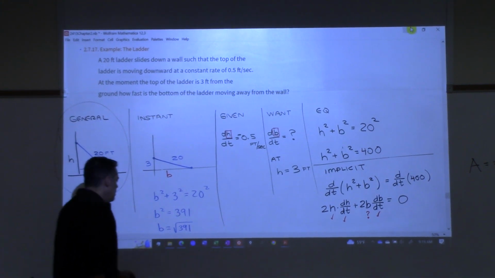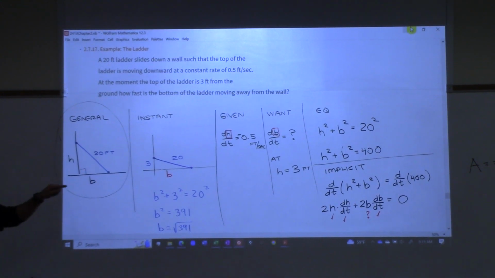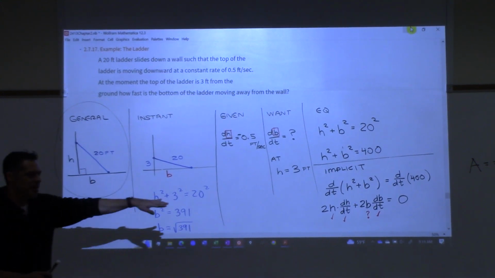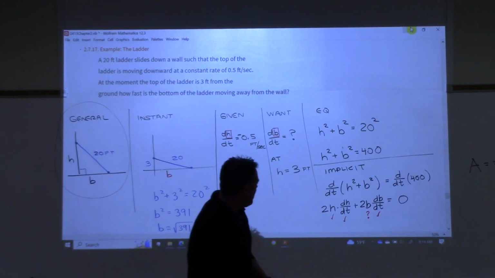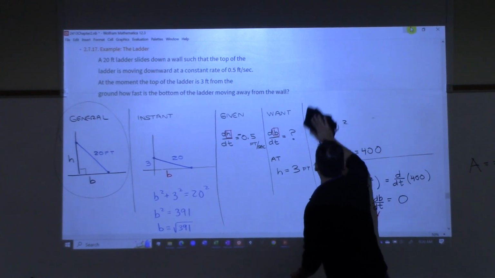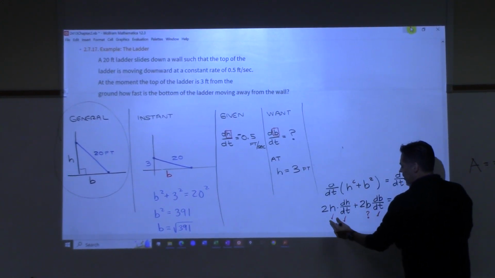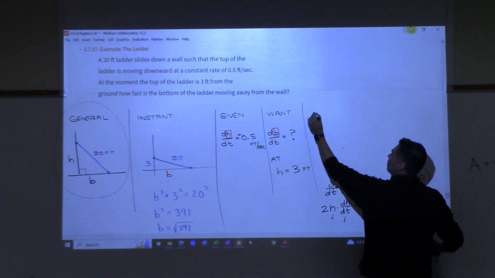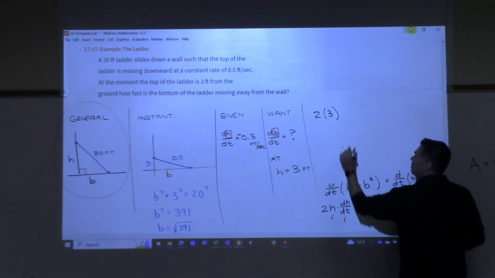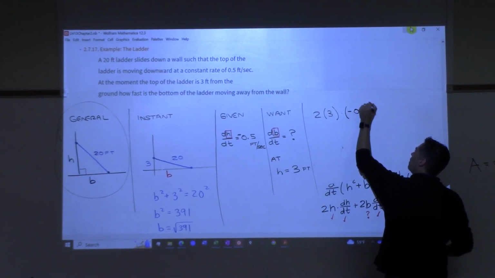And I'm on my final step now. I'm going to actually go get dB dt. I'm just going to plug everything into this equation we had right here. Let me do it right here for you. All right, so continuing up here, we have 2 times h, which we said was 3, times dH dt, which was negative 0.5.